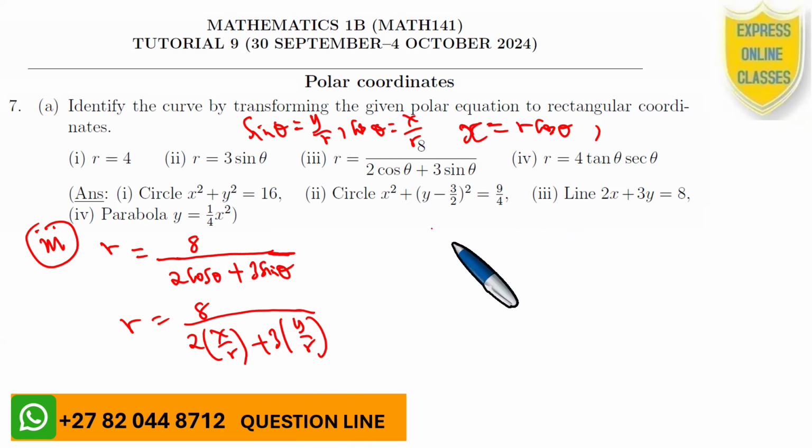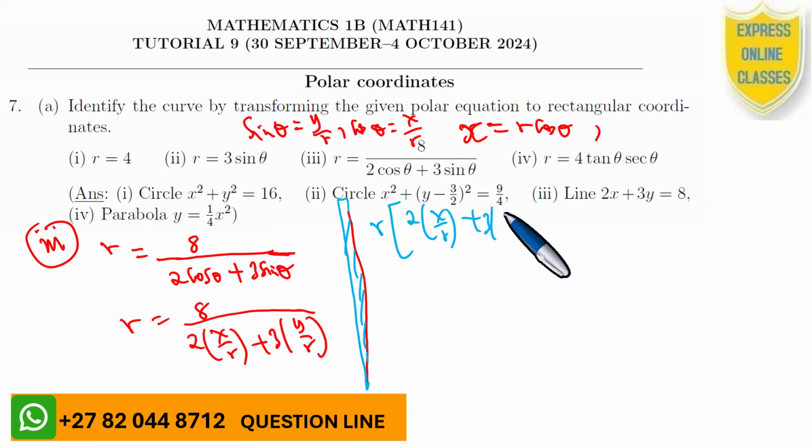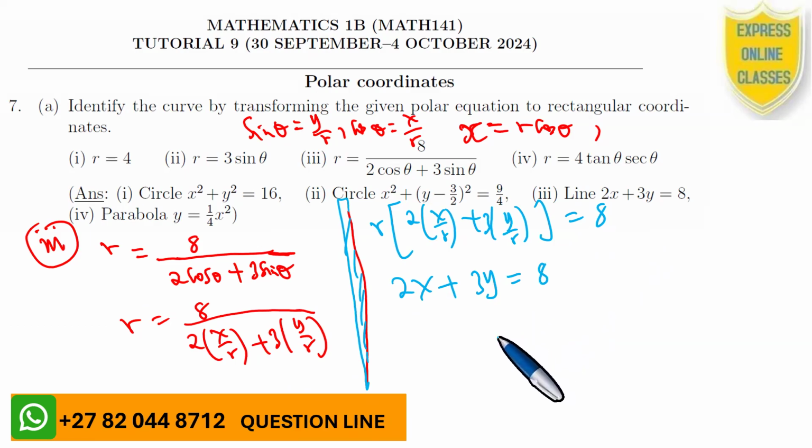So we can cross multiply these things. If you cross multiply this thing, it becomes r times 2x over r plus 3y over r equals 8. So if you multiply out, it becomes 2x plus 3y is equal to 8, which is this one here.